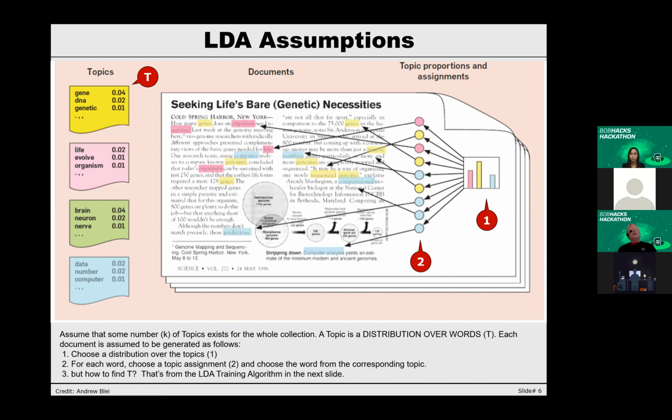In other words, it's mostly about genetics. If it was mostly about the red topic, that's probably about evolution. If it's mostly about the green topic, that's about brain and neurons, brain science. If it's mostly blue, it's more about computing stuff. So that's the basic assumption of what LDA is doing.